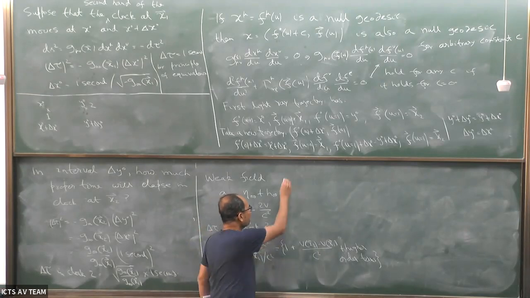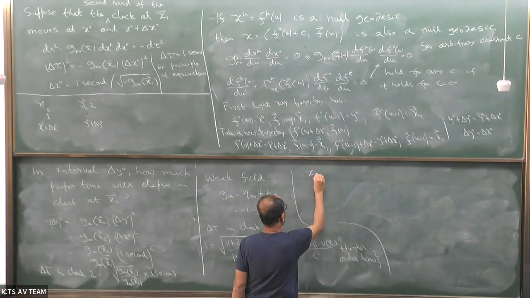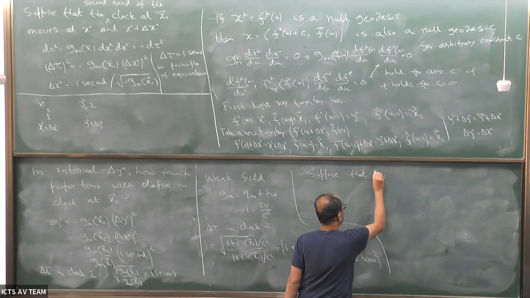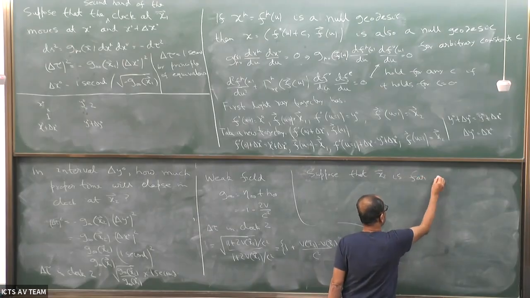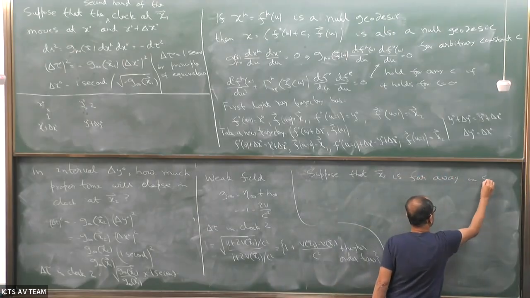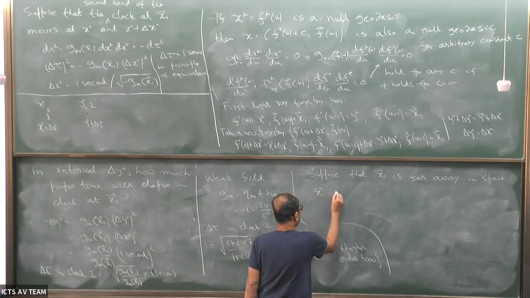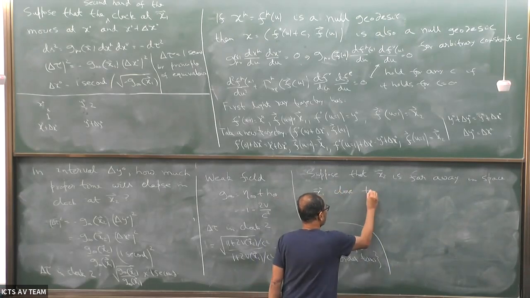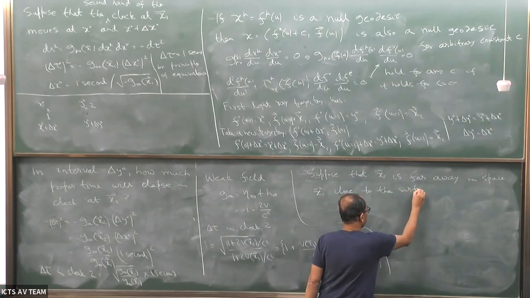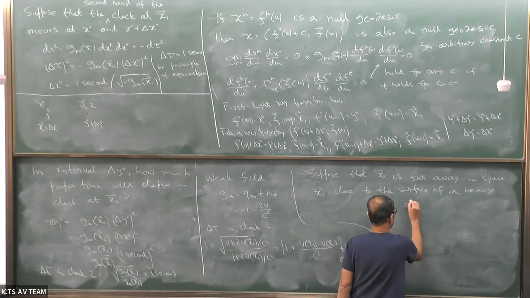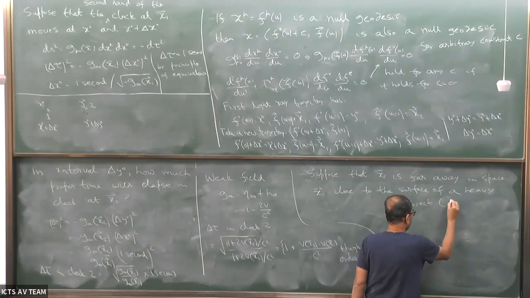Let's suppose that x2, the observer, is far away in space, and x1 is close to the surface of a heavy object, like a star or planet.